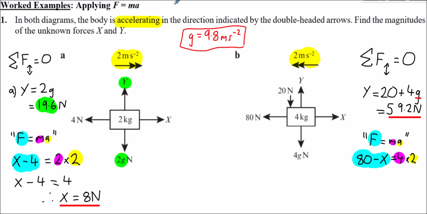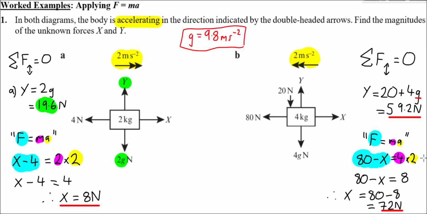So we can simplify this and it'll drop out nicely. 80 minus x equals 4 times 2, which is 8. So x is going to be 80 subtract 8, which is 72 newtons. So that's what x is. That's question 1 done.